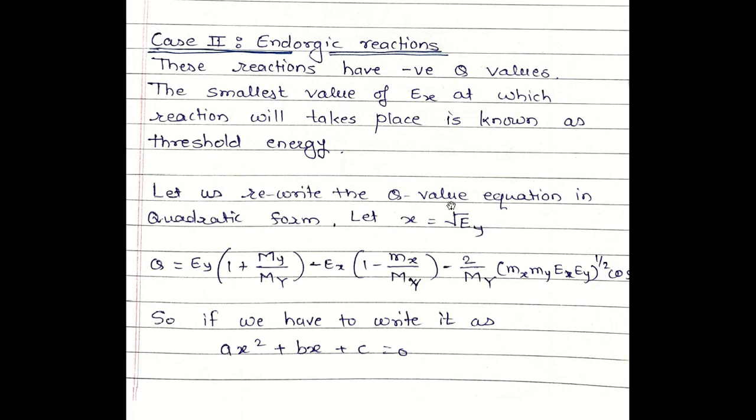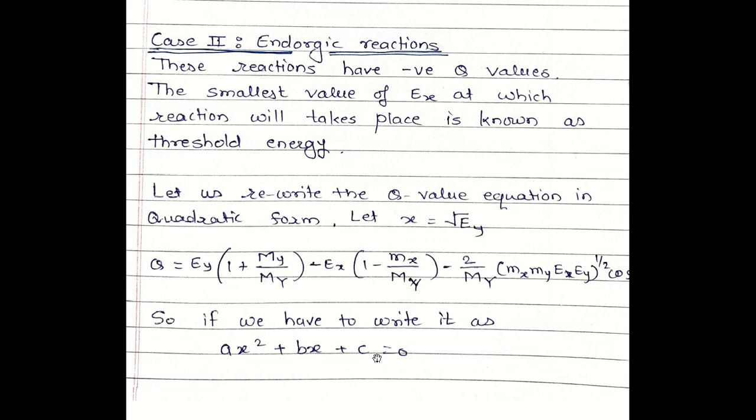Let us rearrange that Q value equation in quadratic form, considering root of Ey to be equal to some x. We have to write it in the form ax square plus bx plus c equals 0, where x is equal to root of Ey.